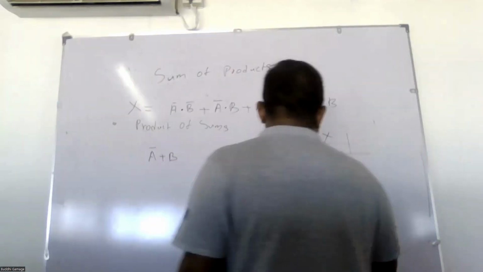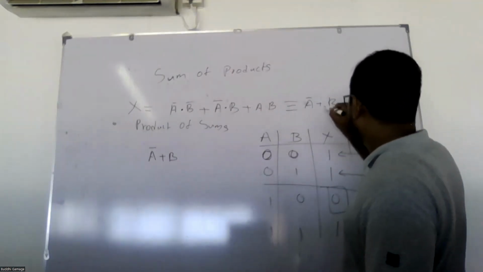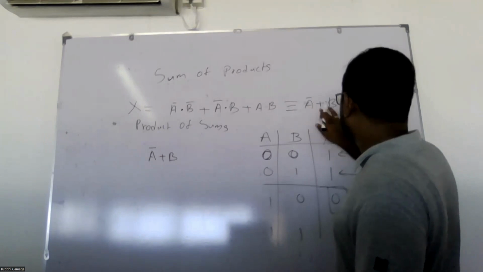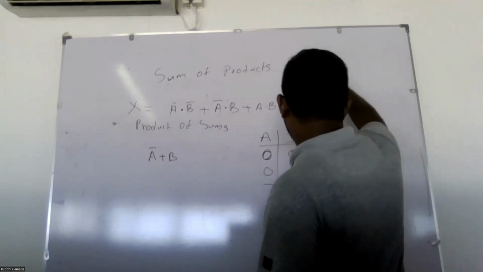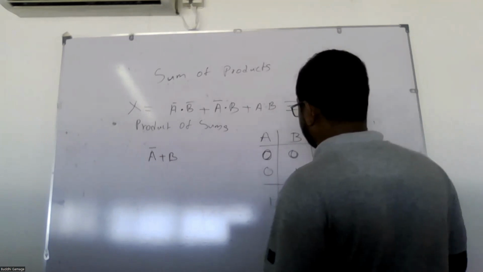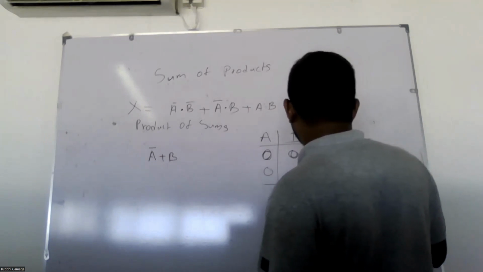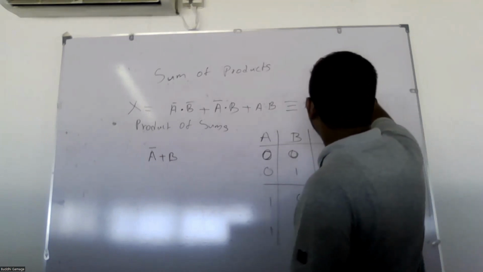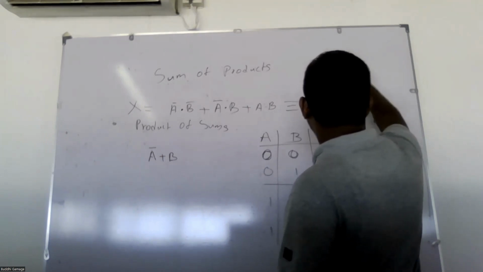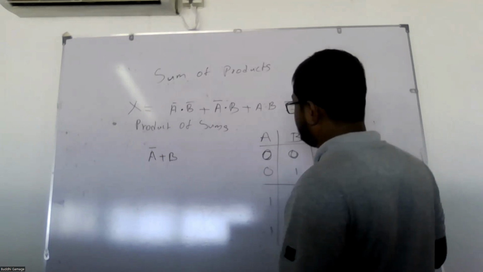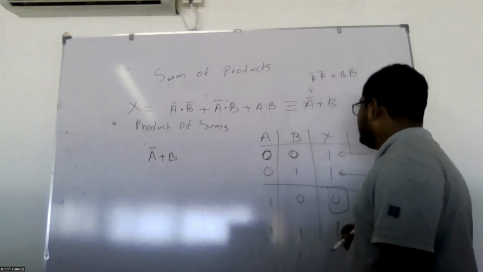Because there are only two operands, A bar and B, and based on the last session that we had last week, this will be equal to A bar plus B dot B. So it's also like a sum of product.